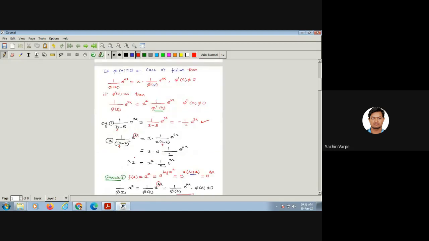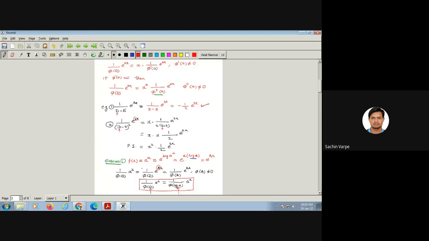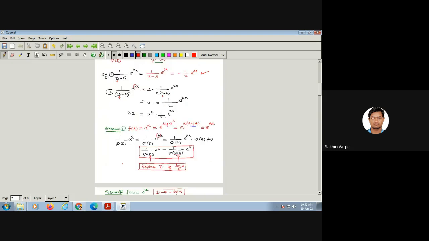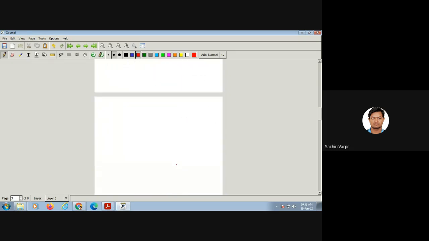So let us have a simple example based on this method. Solve capital D square minus 5D plus 6 times y is equal to 3 e to the power 5x.